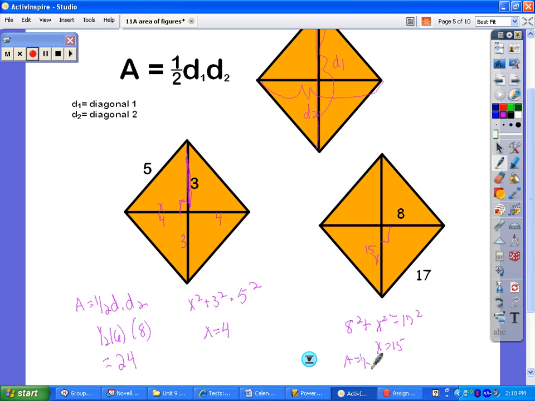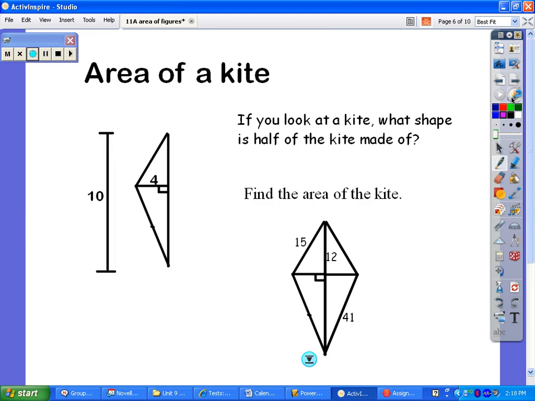So we have 1/2, 16 because we have 8 and 8, and then 30 because we have 15 and 15. And then we just multiply them together, and we get 240 for the area. So that is a rhombus. If they give you a side and the height of the rhombus, then you can use our formula base times height for a parallelogram.